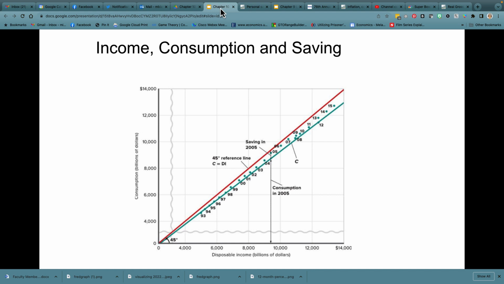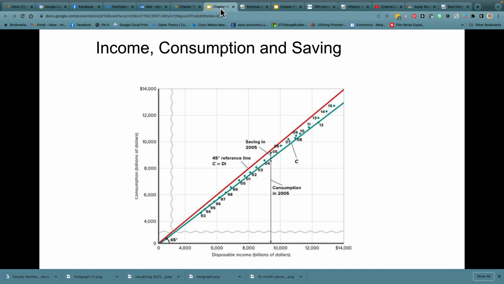So you see that we have consumption on the vertical axis here, and we have disposable income on the horizontal axis. So the 45-degree line would represent those levels of disposable income and consumption where they're equal. The green dots represent actual consumption data for those years, and then the green line is a trend line that we have fit to those green dots, kind of smooth them out.